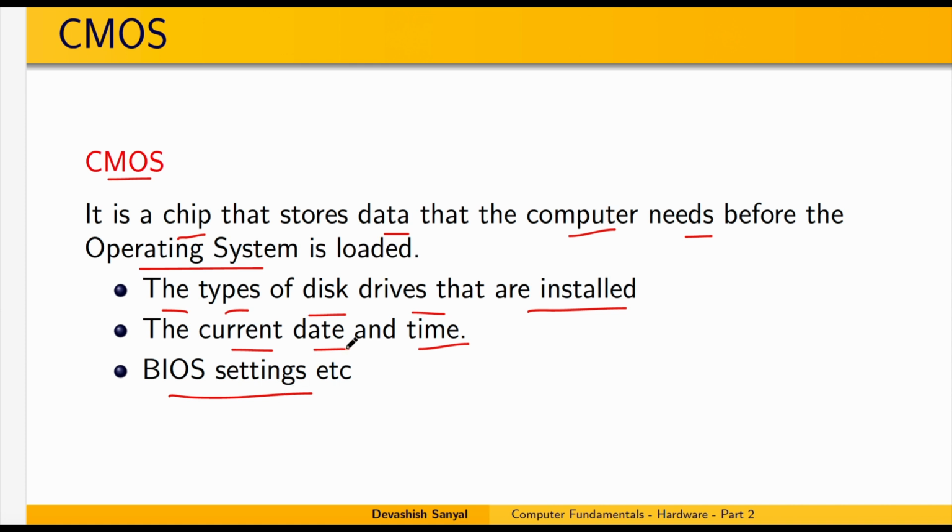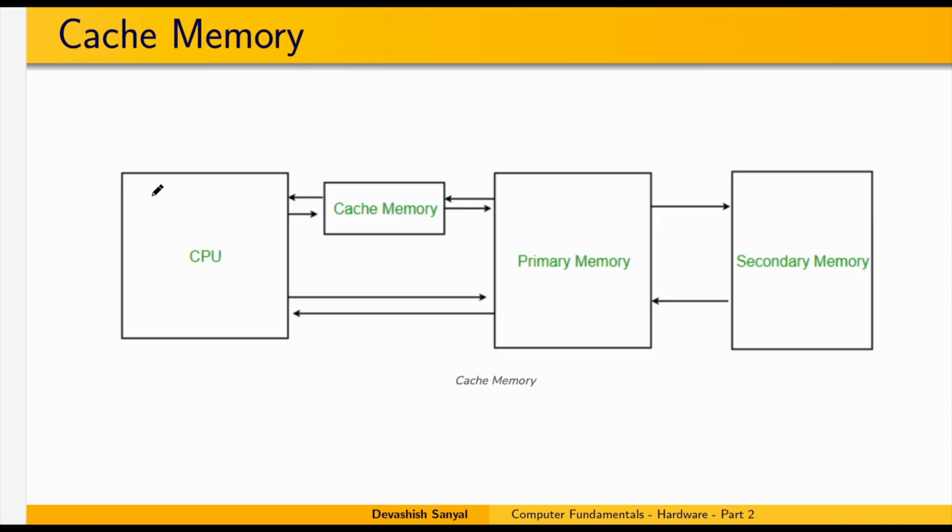So when the operating system is loaded, the operating system won't see the drive, and that's it. So that is the idea. The BIOS settings are in the CMOS, and CMOS is also the clock of the computer.